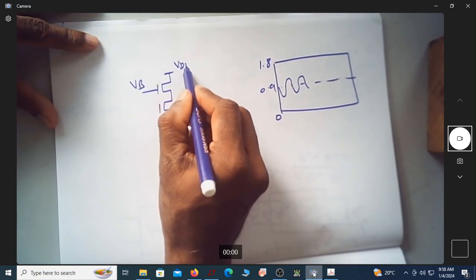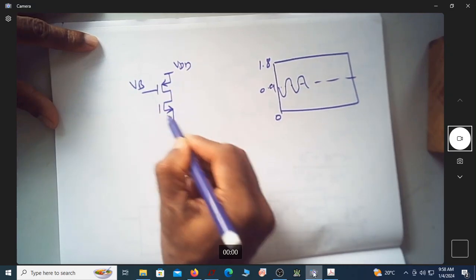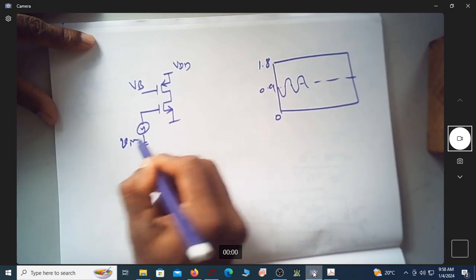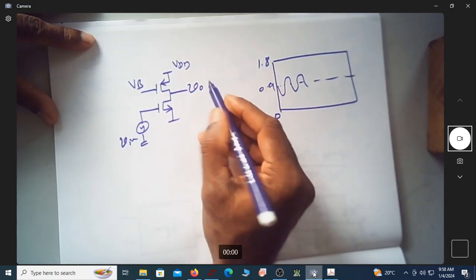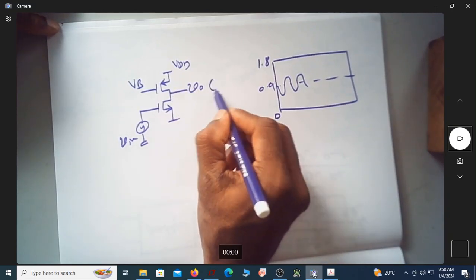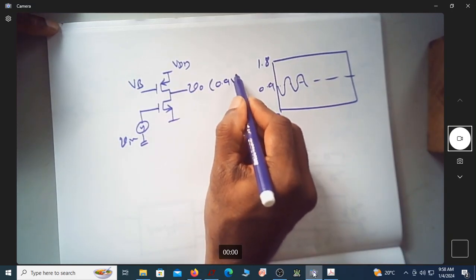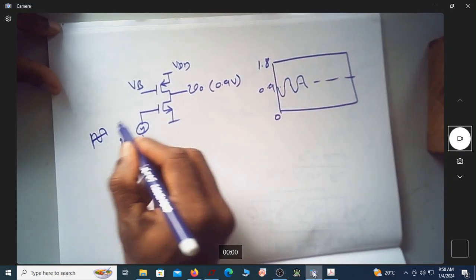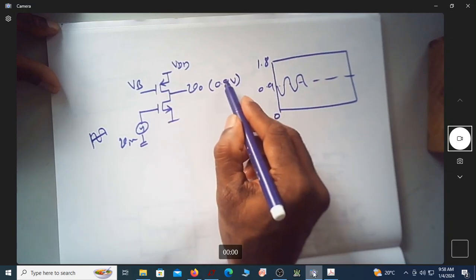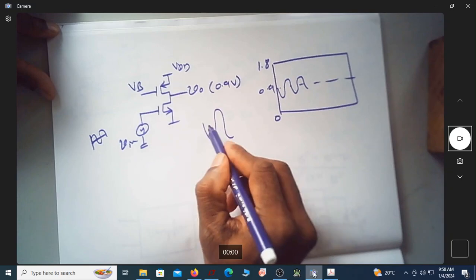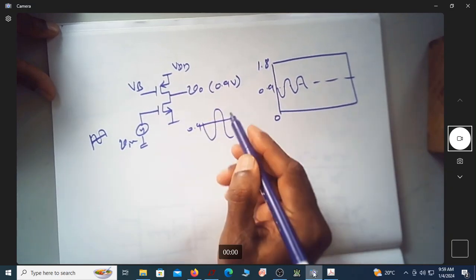This is VDD, this is a PMOS transistor, this is an NMOS transistor. Here I am applying the input voltage Vin, and here I am going to measure the output voltage. Even though I am measuring the output voltage here, this is going to have a DC of 0.9 volt. When I apply a sine wave, I will get an output waveform that is inverted, centered around 0.9 volts.